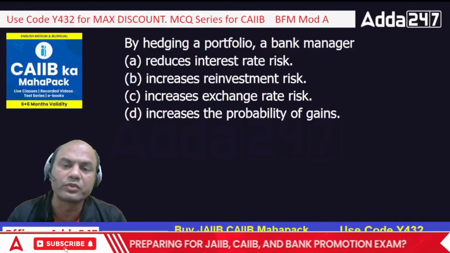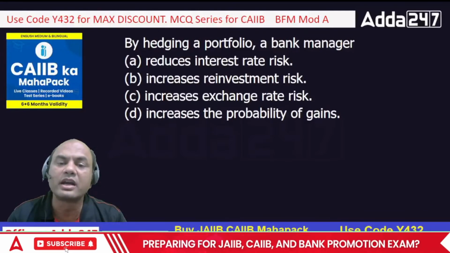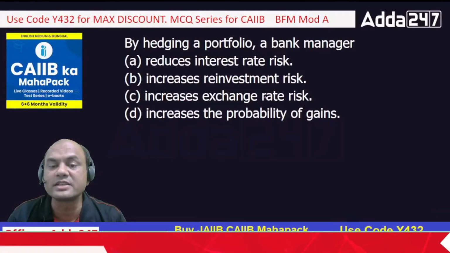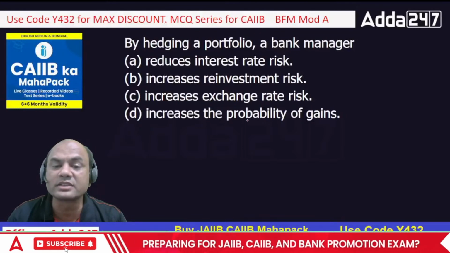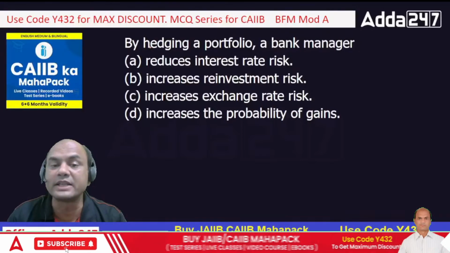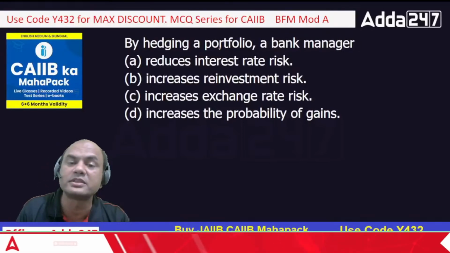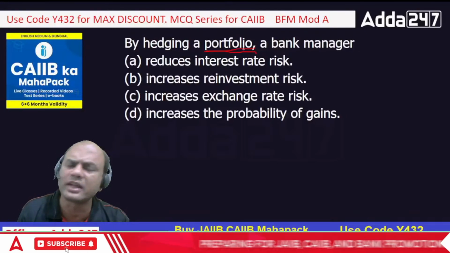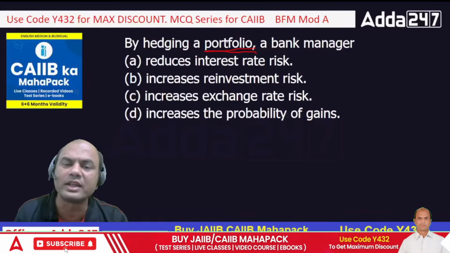By hedging a portfolio, a bank manager reduces the interest rate risk, increases the reinvestment risk, increases the exchange rate risk, increases the probability of gains. Now what is this? By hedging a portfolio means portfolio will include many of the stocks or many of the dollars or anything. Portfolio can be of anything.